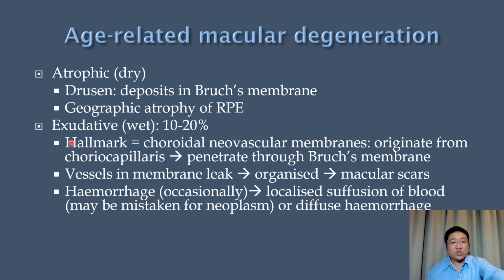But in the exudative stage, the hallmark is the choroidal neovascular membrane, which originates from the choriocapillaris and penetrates through Bruch's membrane. When there is leakage from the blood vessels, there may be organization and macular scar, and sometimes there is hemorrhage, which results in localized suffusion of blood or diffuse hemorrhage.